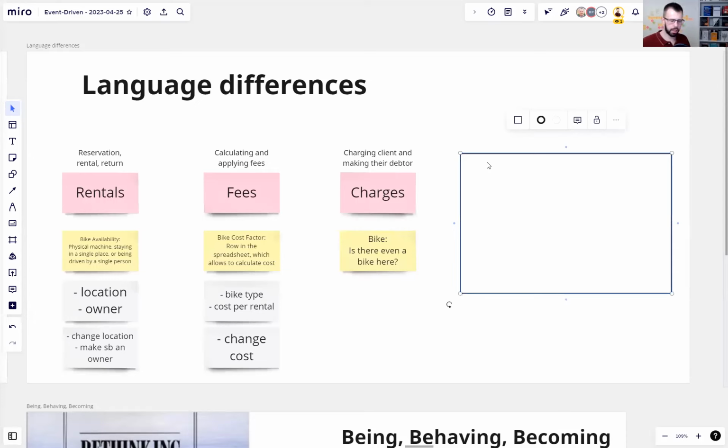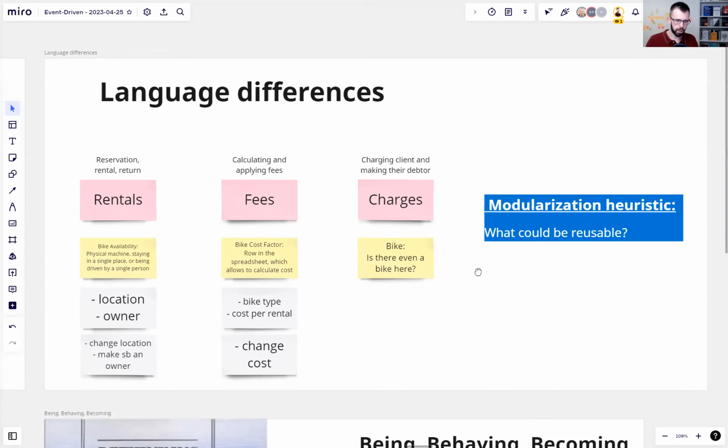Okay, when we have this basic idea of modularization, we check it from the language perspective and from the source of truth and transactional perspectives. We can have another heuristic: think about reuse.